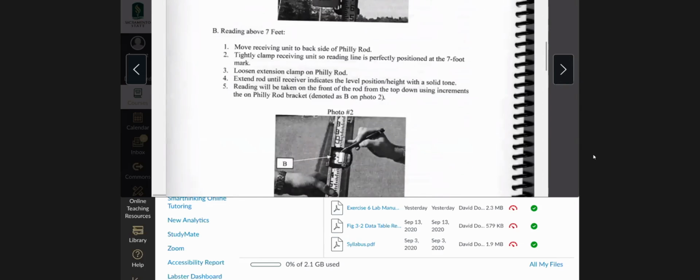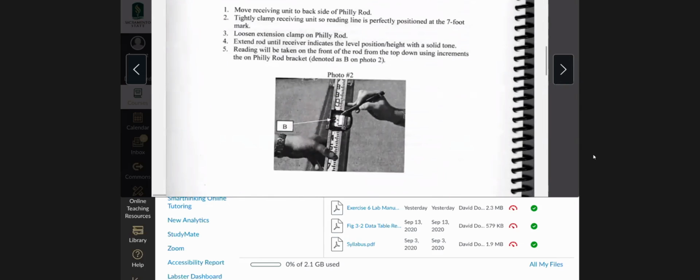You go down from the top of the ribbon on the back side of it, and you can see that as you get lower on the ribbon, they're down at 9.1 whatever. You see the person with the pencil is pointing to the top of a little brass bracket that's attached to the rod, and you take your reading at the top of that brass bracket.